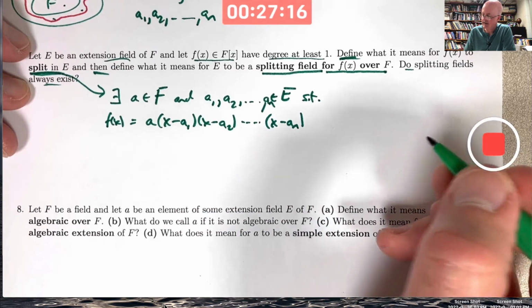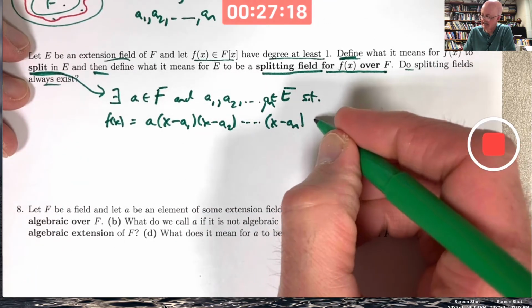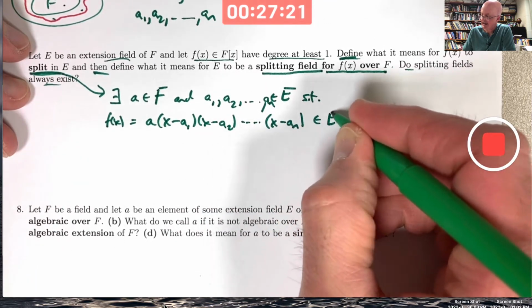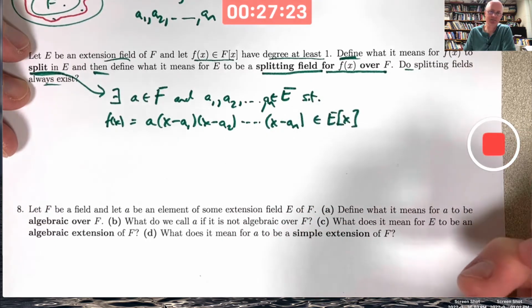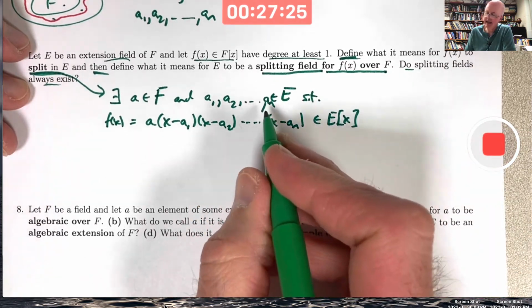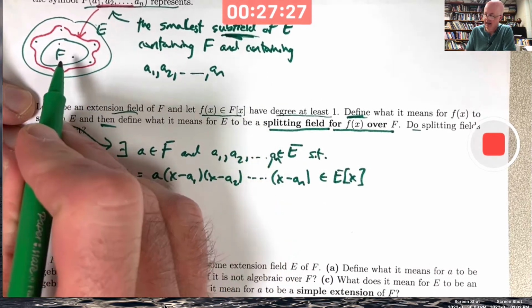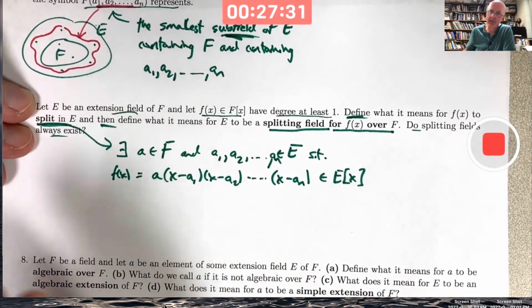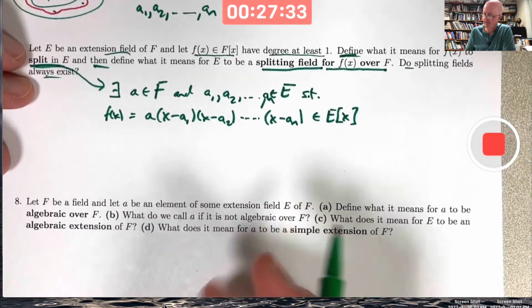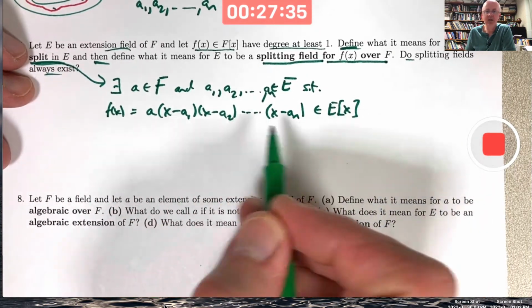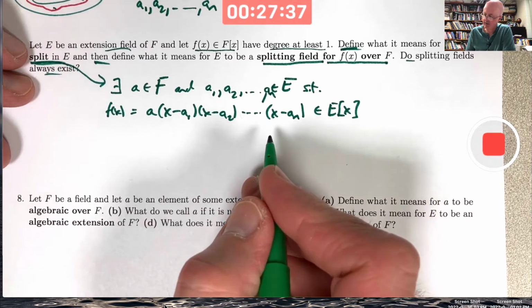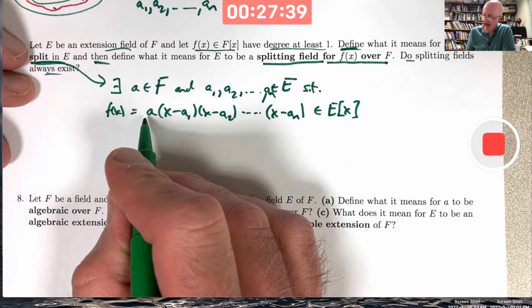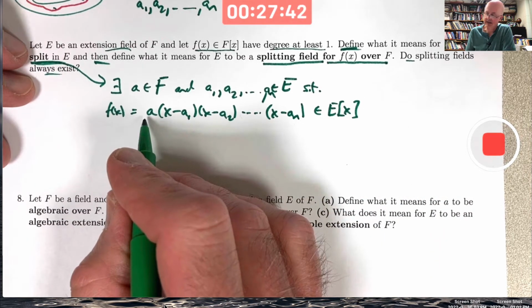Technically speaking, you would think of this as a factorization in the polynomial ring E[x], because these a's could be in E and they also could possibly not be in F. Some of them might be in F, but some of them might not be, or they might all not be in F. So that's what it means to split. You can completely factor it in terms of linear factors with a coefficient a of ultimately the highest power of x that is from the base field F.